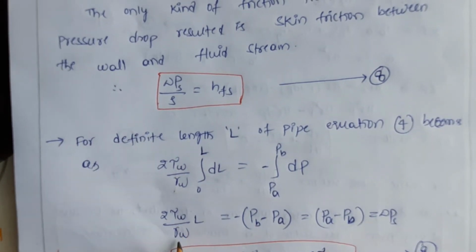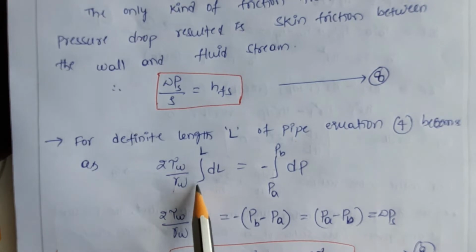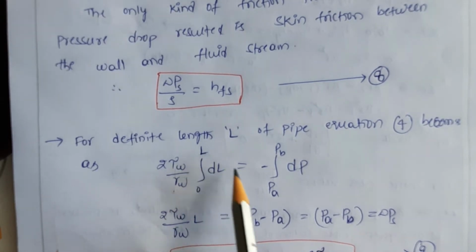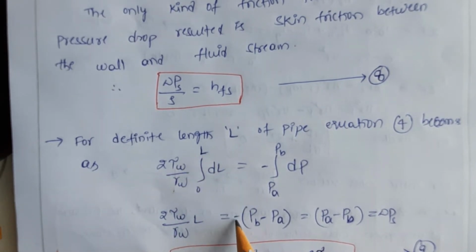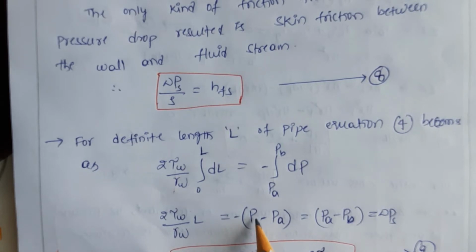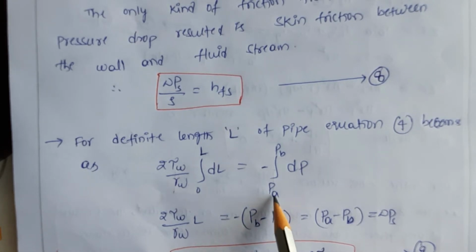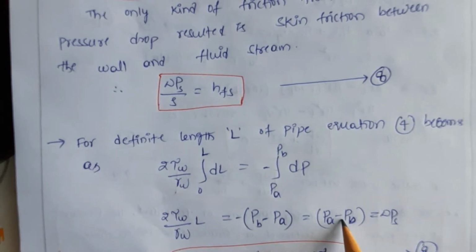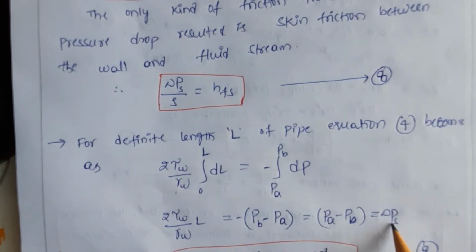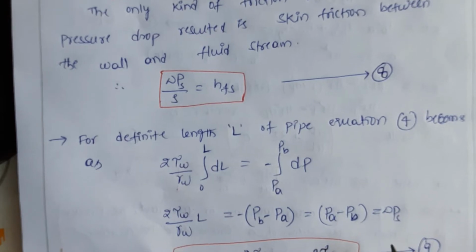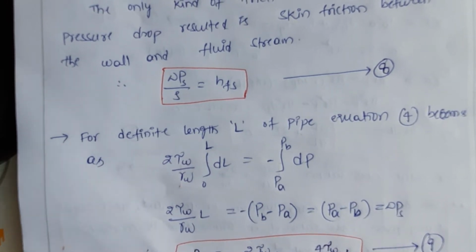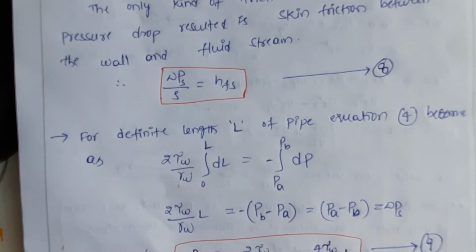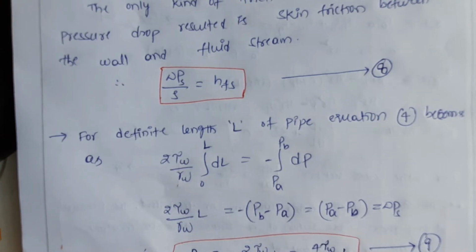So 2 tau w by Rw, integrated over the length of the pipe from 0 to a definite length L, equals minus the integral of dP from the initial to final limits, Pb minus Pa. From this, Pa minus Pb is nothing but delta Ps. So delta Ps equals 2 tau w by Rw into L, which equals 4 tau w by D into L, since Rw is written in terms of the diameter of the pipe.